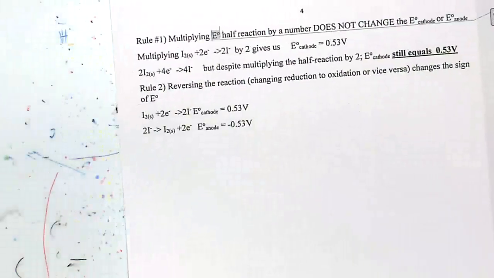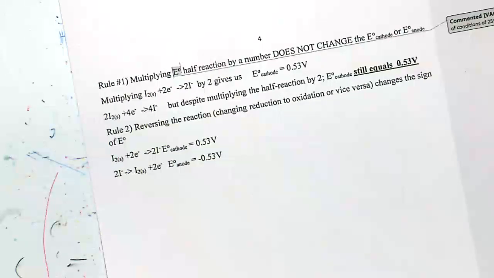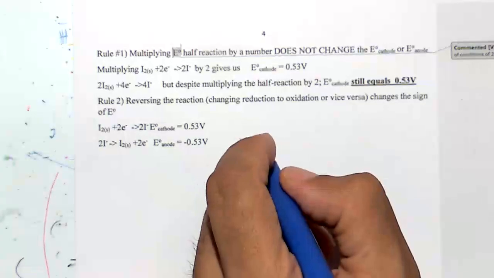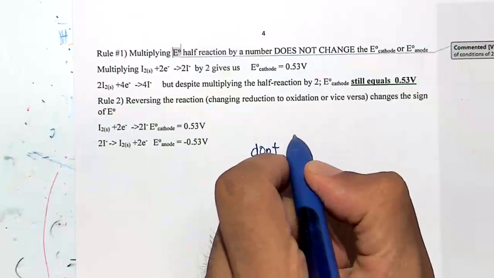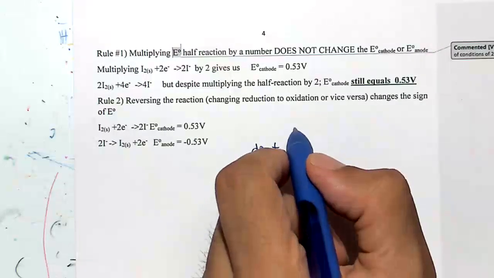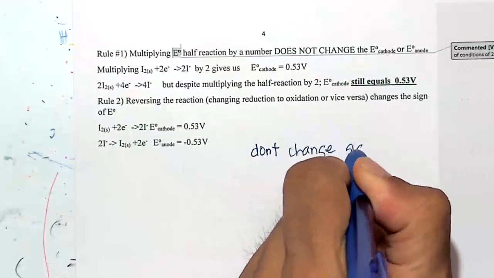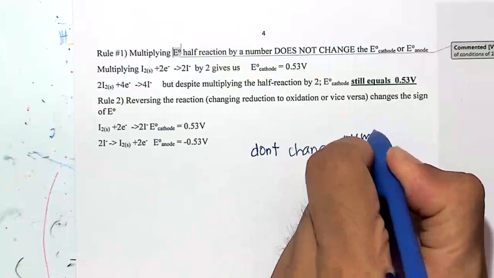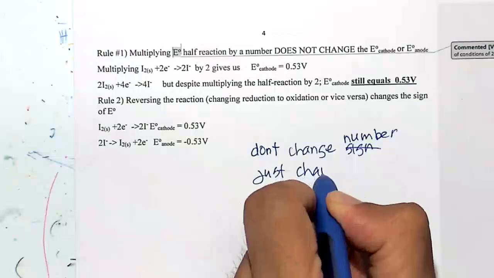And then page 4 here, this is the same thing that I told you about on the table that you can bring to the test. You don't change the numbers. What can you change? Sign. How do you change the sign? You flip the reaction. You don't change the number, just change the sign.